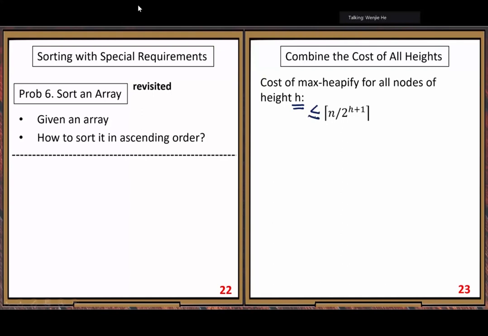Remember, I said friendly expression when we count the number of internal nodes of height h. There is the exact formula, the subtraction one, but that one is not convenient to use.